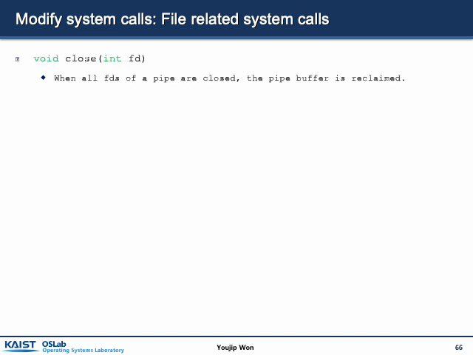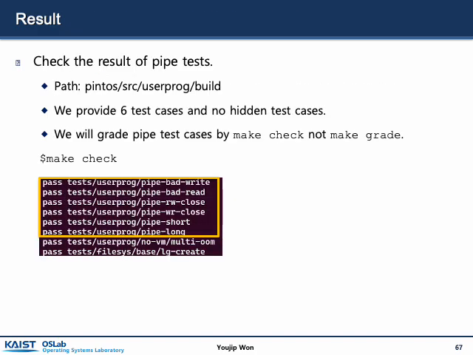You also need to implement the close system call considering the pipe. When all file descriptors of the pipe are closed, the pipe buffer should be deallocated and reclaimed. To check whether you have implemented the pipe well, please run the make check command. We provide 6 test cases and no hidden test cases.